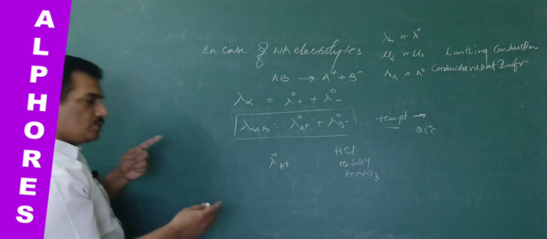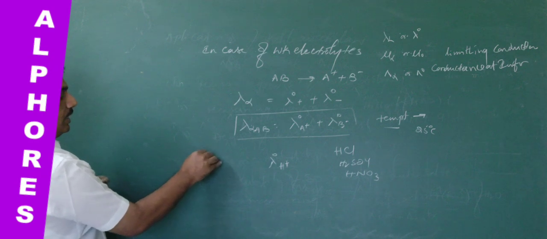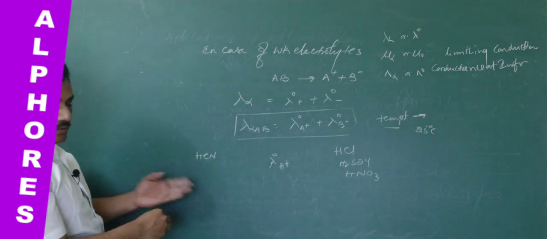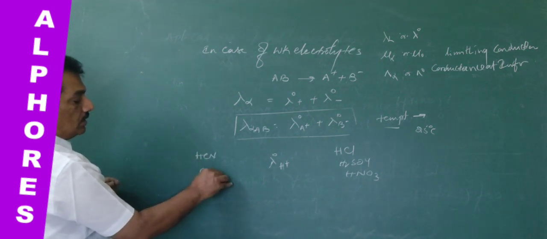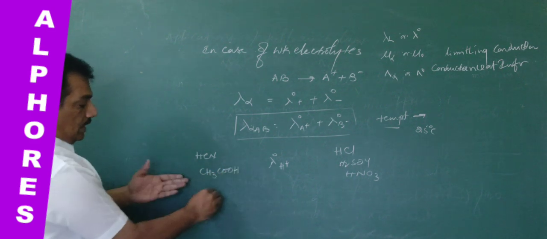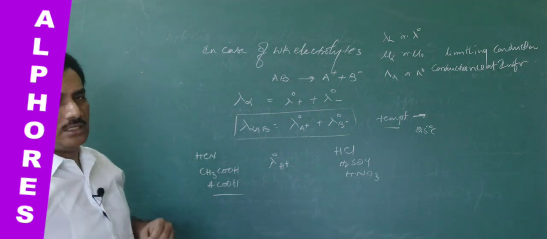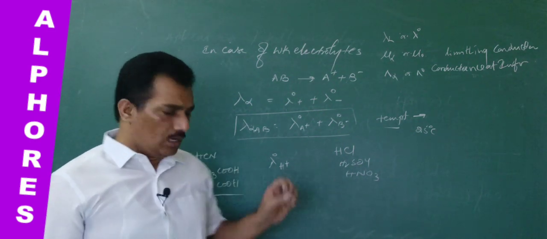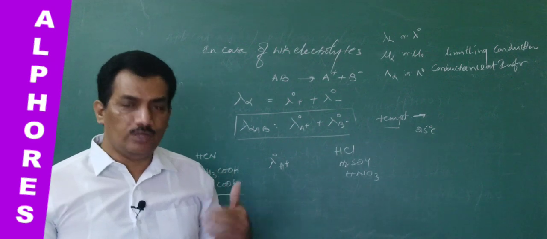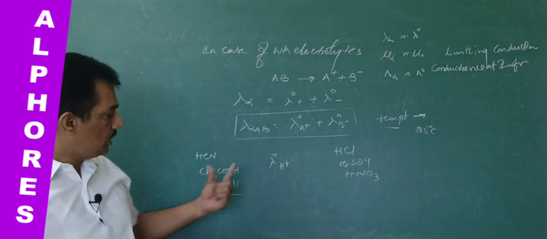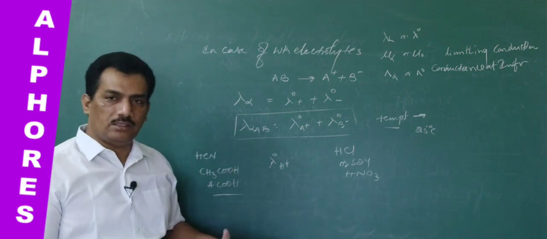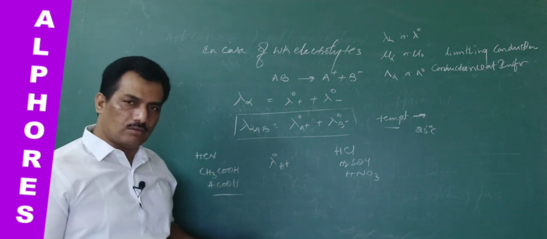The same H plus ion we can also obtain from HCN, which is a weak electrolyte, or CH3COOH, a weak electrolyte, or HCOOH, a weak electrolyte. Just remember, all the organic acids in general, unless there is an influencing factor in the molecule, are said to be weak acids, and all these weak acids are weak electrolytes.